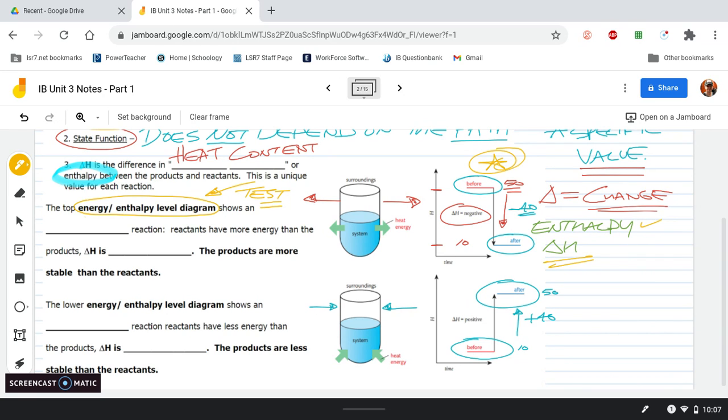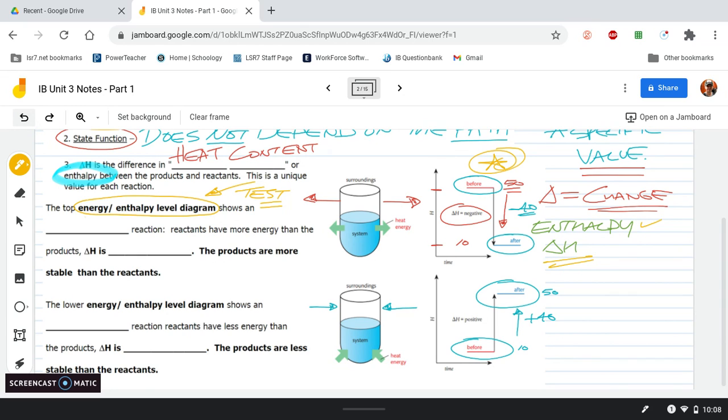They have in or out, energy in or energy out. So energy out, exothermic; energy in, endothermic. But you do want to know the pattern. Basically, if I start with a big value and end with a low value, that's exothermic. And the opposite, I start low and I end high, that's endothermic. So those are the patterns to look for.